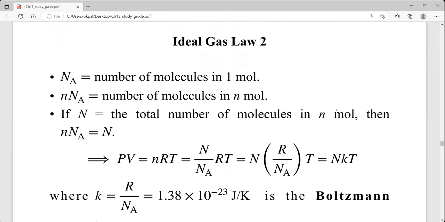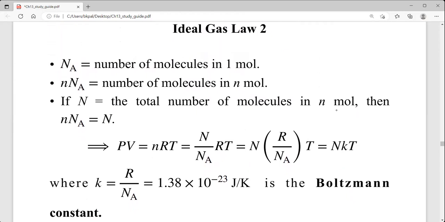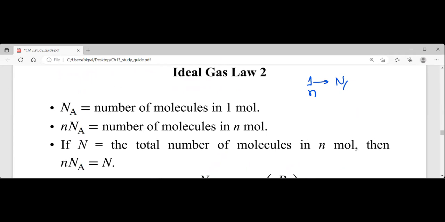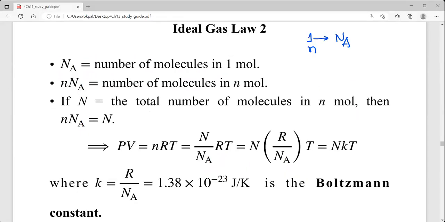To understand this, let's assume that there are n moles of gas. We know that in 1 mole there are Avogadro's number of molecules. So if in 1 mole there are Na molecules, then in n moles there will be n times Na molecules.